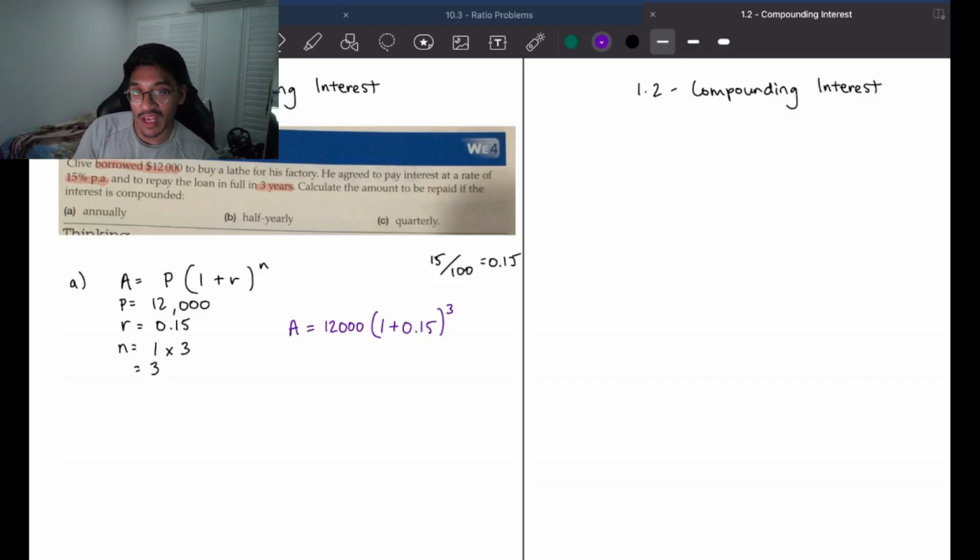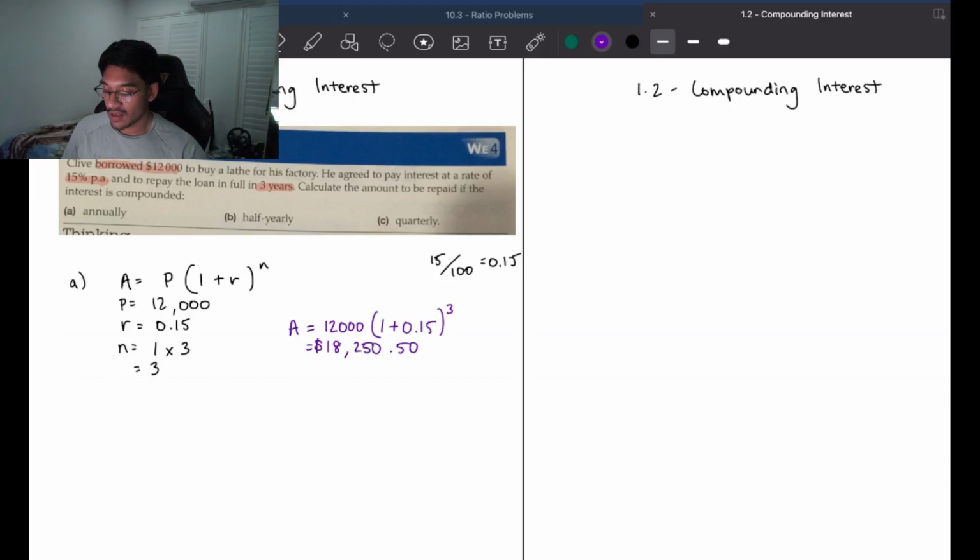You have no reason to do anything by hand. You should all either have the CAS calculator, the white one, or your green calculator. Both of them are capable of doing this. You would just do 12,000 times bracket 1 plus 0.15 to the power of 3, and you'll get an answer of $18,250.50.